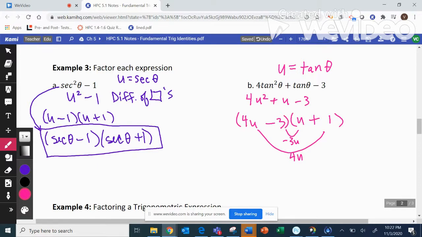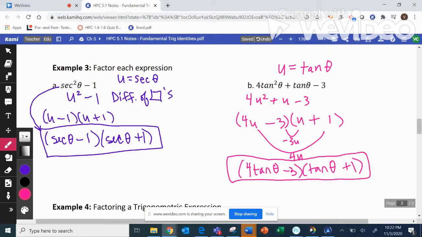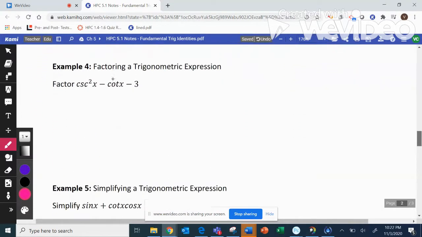So now if I put my tangent back in, this would be the same thing as 4 tangent theta minus 3 times tangent theta plus 1. Again, you do not have to do this step with the U. You can go straight to the factoring with the tangent in it. It's totally up to you.